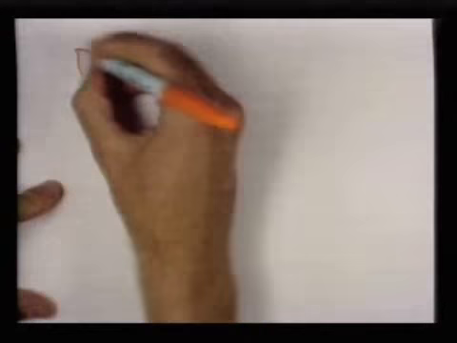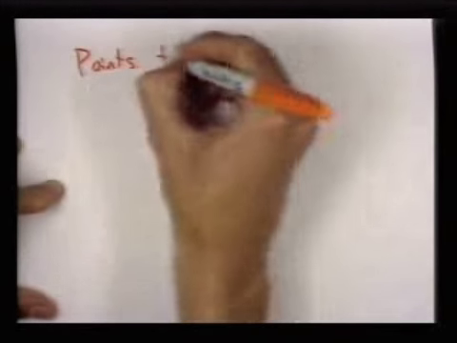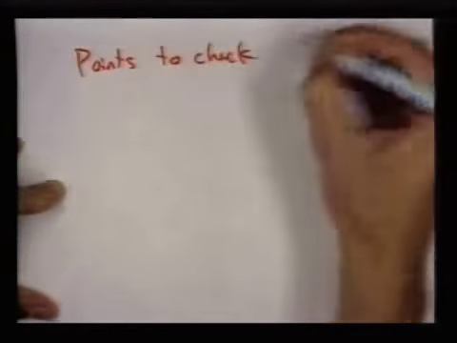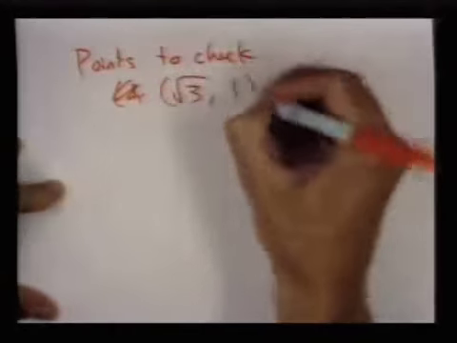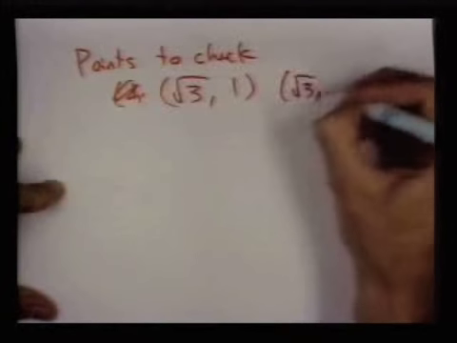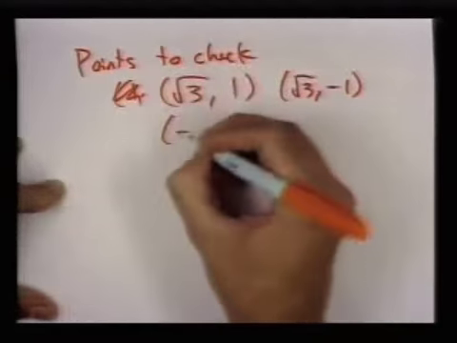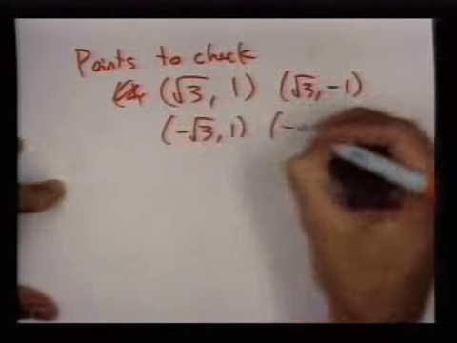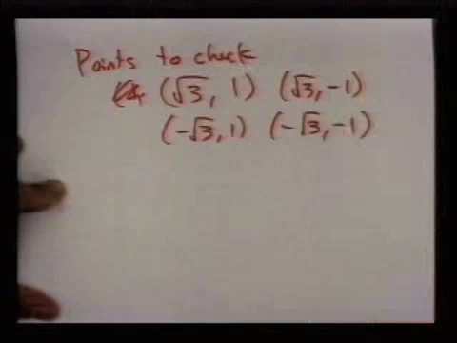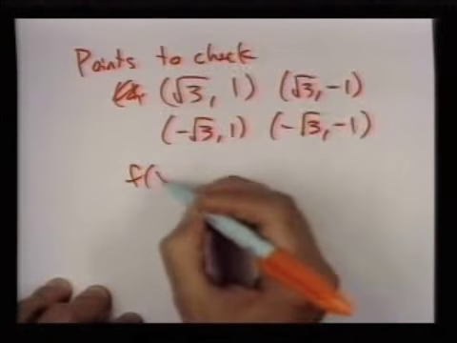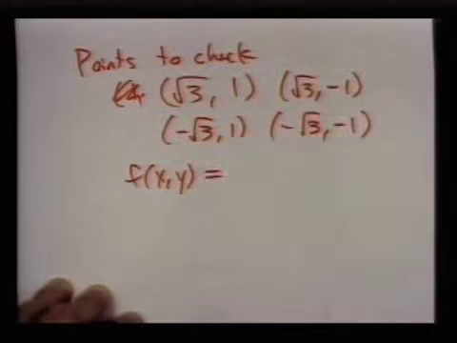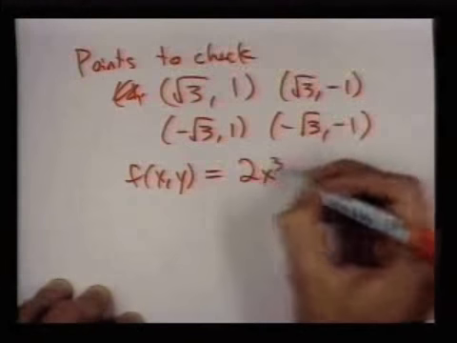So this says the points to check are, let's see, square root of 3, 1, square root of 3, negative 1, negative square root of 3, 1, and negative square root of 3, negative 1. And if you plug these into the function, the original function was this.